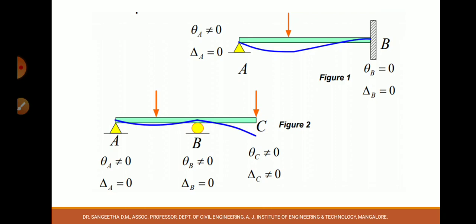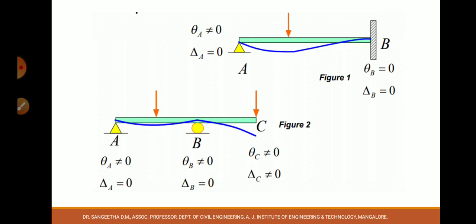With that concept I would like to refresh the things for you. Whenever a support is fixed, all three are 0: sigma H 0, V 0, M 0. So theta B 0, delta B 0. Okay. Whenever it is a hinge, H and V exist, but M cannot, correct? It is restrained against horizontal and vertical movement, but it can rotate.